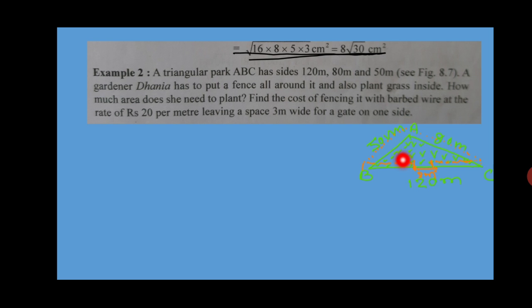Now, the question is, how much area does she need to plant? Then question number 2, find the cost of fencing all around it with barbed wire at the rate of rupees 20 per meter, leaving a space of 3 meter wide for a gate on it. Right? Now try to solve this.